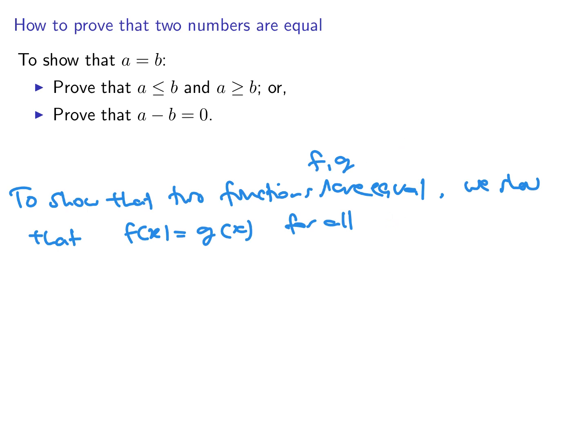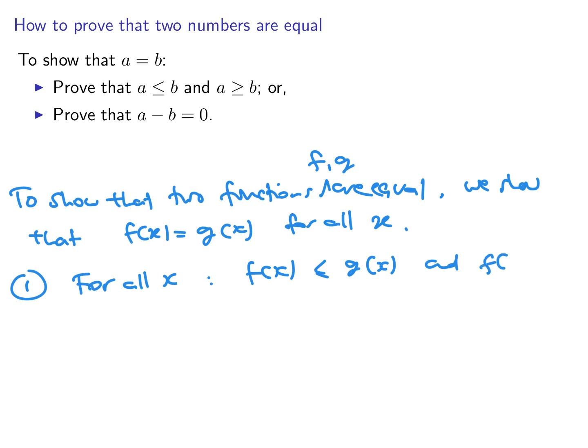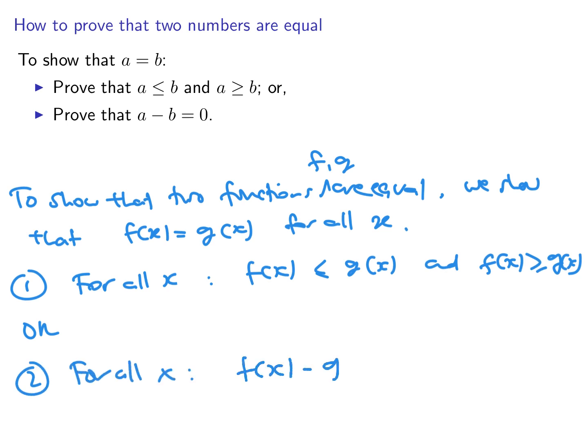We show that f(x) equals g(x) for all x. So you can, for instance, show for all x that f(x) is less than or equal to g(x) and f(x) is greater or equal to g(x). Or you can also show that for all x, f(x) minus g(x) is equal to 0.